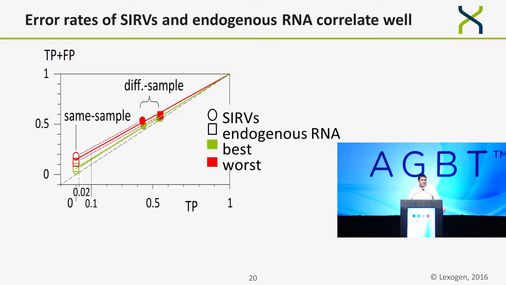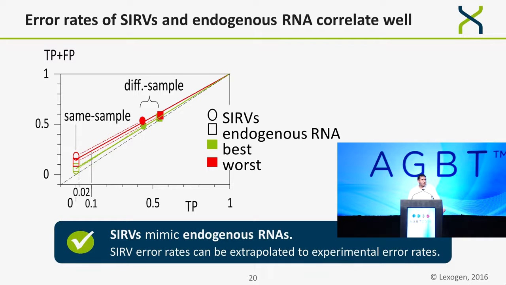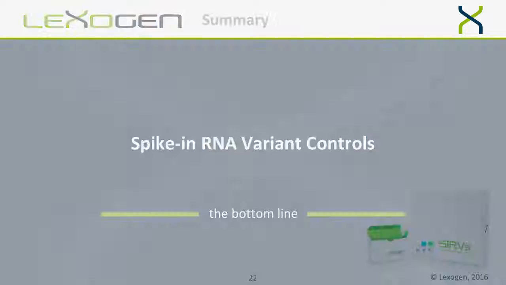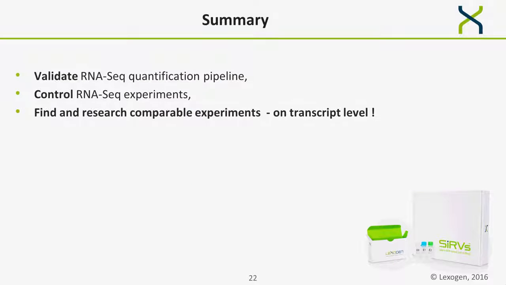What I want to summarize is, the important bit is the correlation, that in this nutshell complexity of only 69, we build in the complexity which really mimics the complexity of the entire experiment. What you can use it for: spike-in variant controls allow you to validate RNA sequencing quantification pipelines.